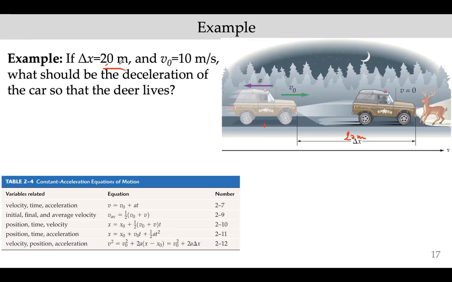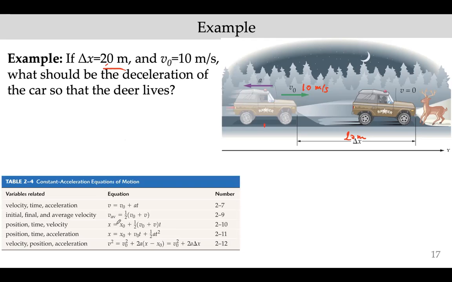If delta x is 20 meters, and if initial velocity is 10 meters per second, what should be the deceleration? Deceleration means acceleration, but slowing down. What should be the deceleration of the car so that the deer lives?